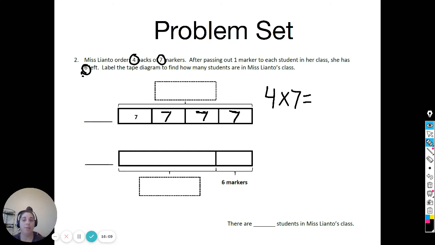So we need to count by 4s 7 times. Ready? 4, 8, 12, 16, 20, 24, 28. Okay, this was my 4 groups.